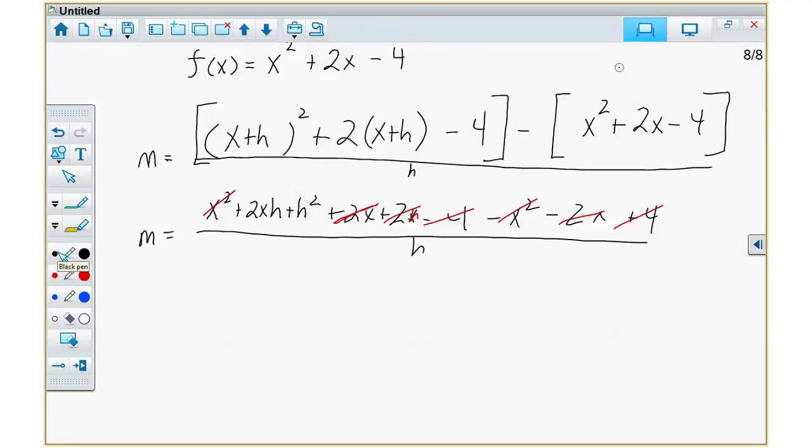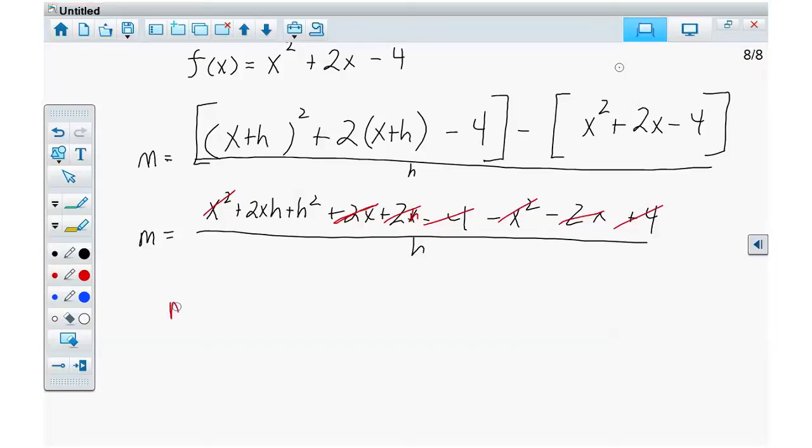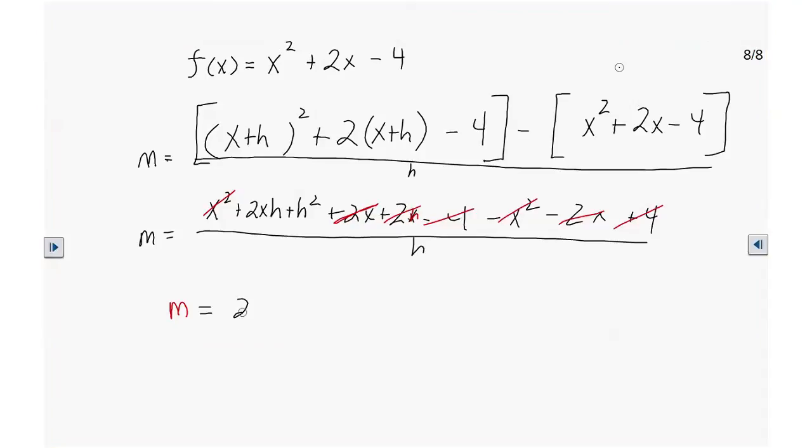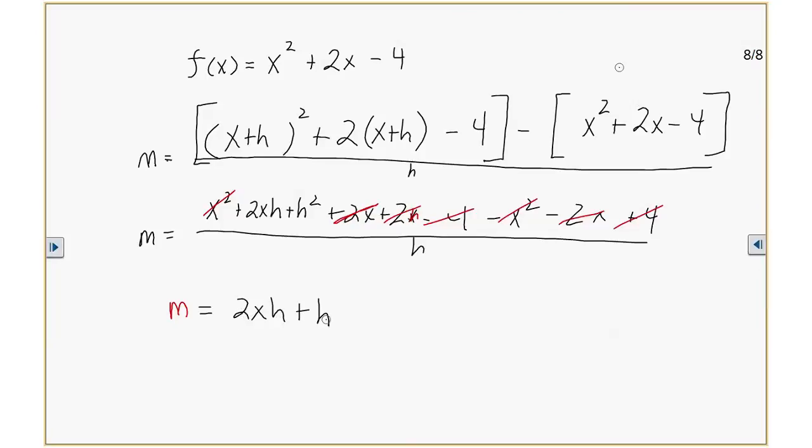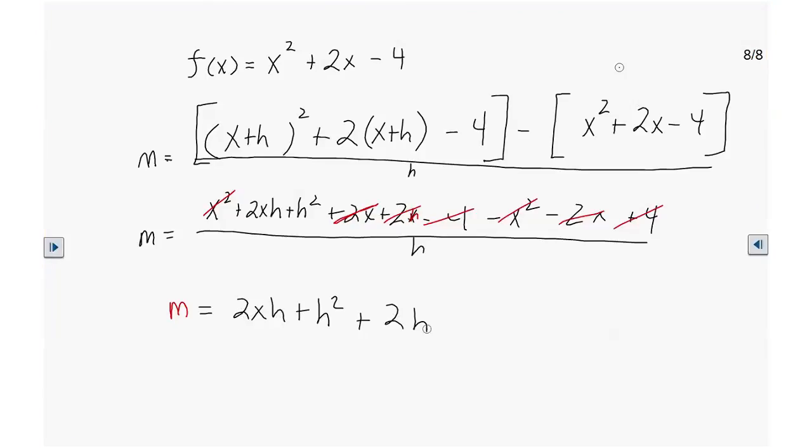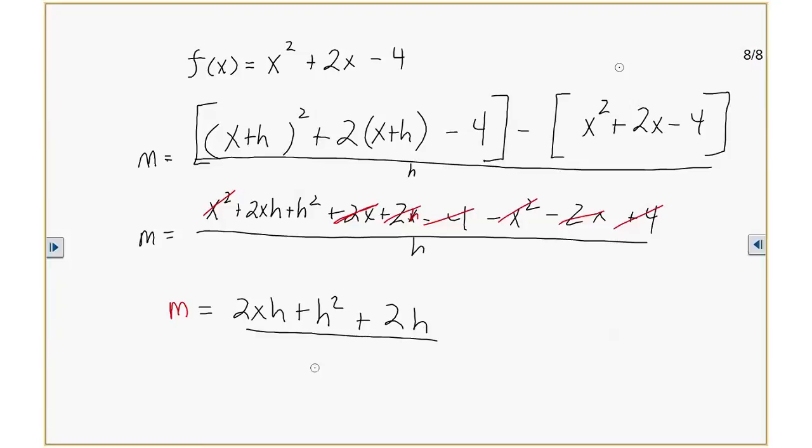It means that you might have an x cubed or 2x squared. We're going to do that next, something simple. So that'll leave us m is equal to 2xh plus h squared plus 2h, is that it? Over h. The last term up there is 2x, move it to positive. That's all right.